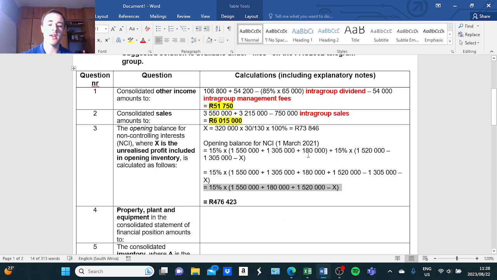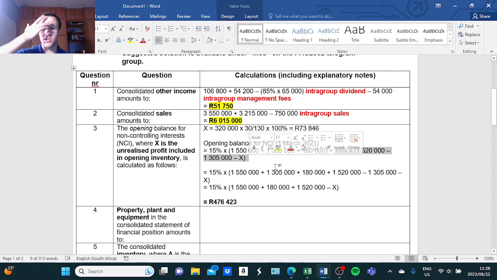For the NCI opening balance, we calculated the at acquisition balance based on this highlighted section. So 15% of the equity balances at acquisition, and then we calculated the NCI share in retained earnings since acquisition to the beginning of the current year by calculating the change in retained earnings and considering the unrealized profit.